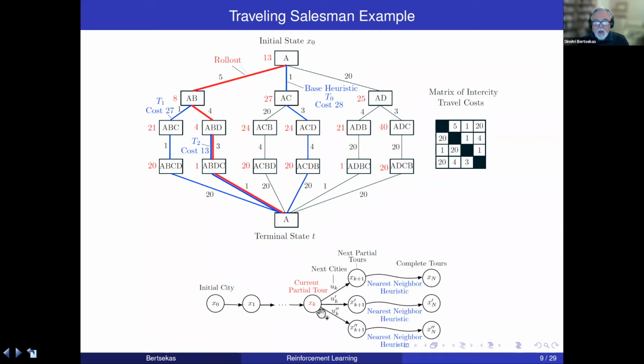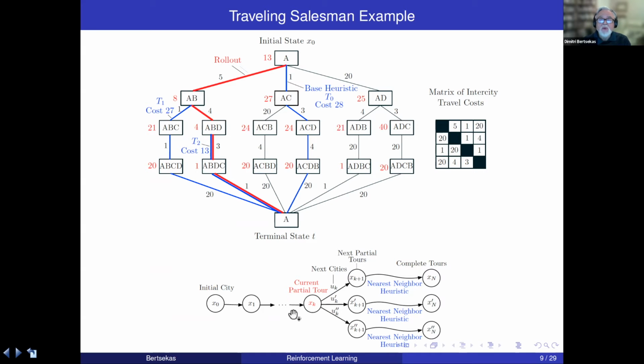We do that for all eligible cities, run the nearest neighbor heuristic to the end, compare the costs of these portions of the tour, and we choose the city that is best in terms of that cost.